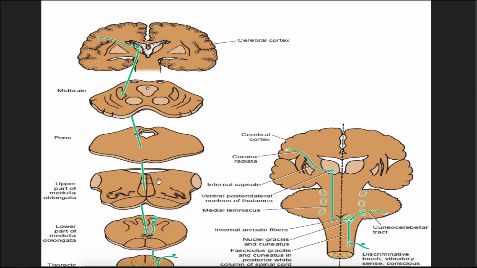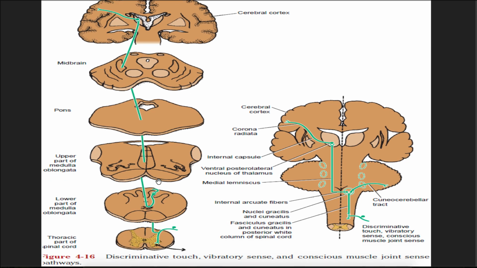Now, here we have to discuss the conscious proprioception that I talked about, discriminative touch, vibration, and conscious muscle joint sense, which we said was through the nucleus gracilis and the nucleus cuneatus.